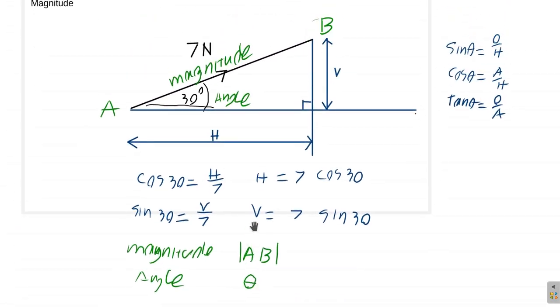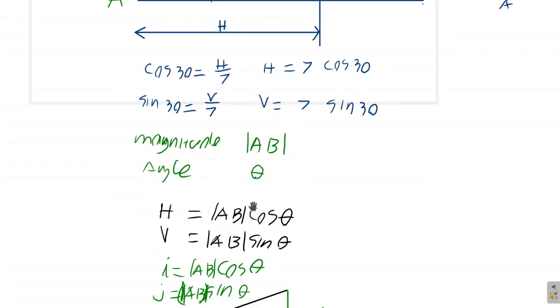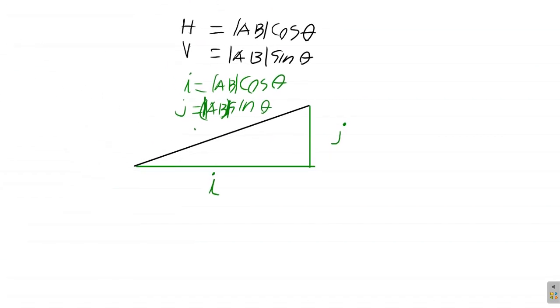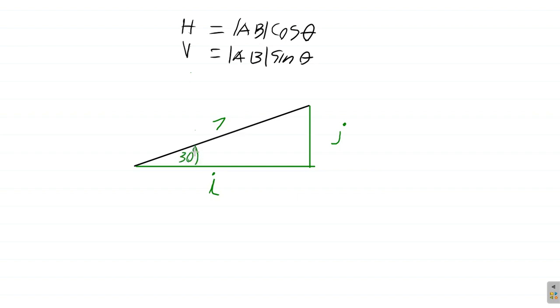Now, here, in this case, you have, say, a magnitude. Let me just erase this first. You have a magnitude of 7 and an angle of 30 degrees.